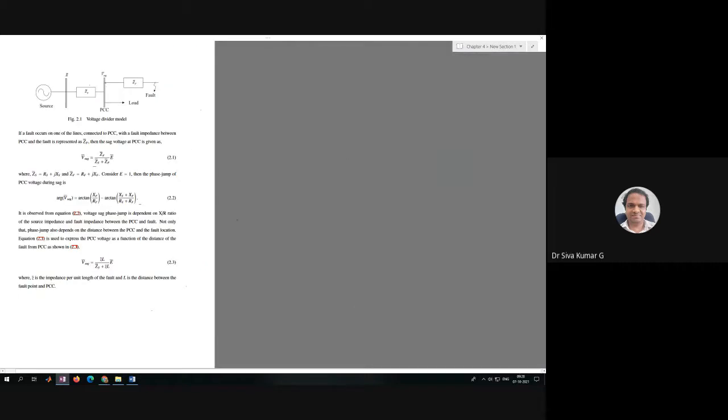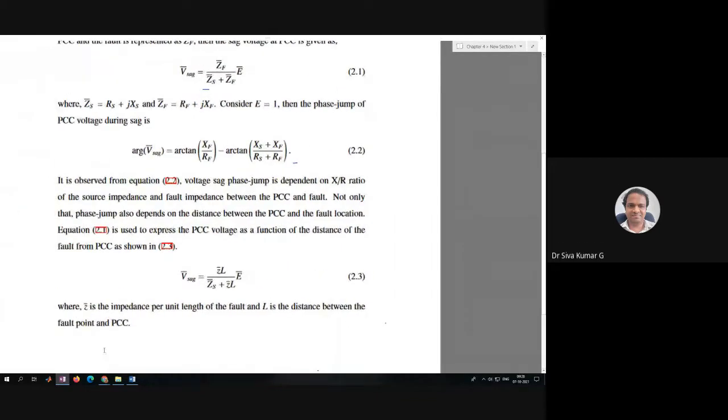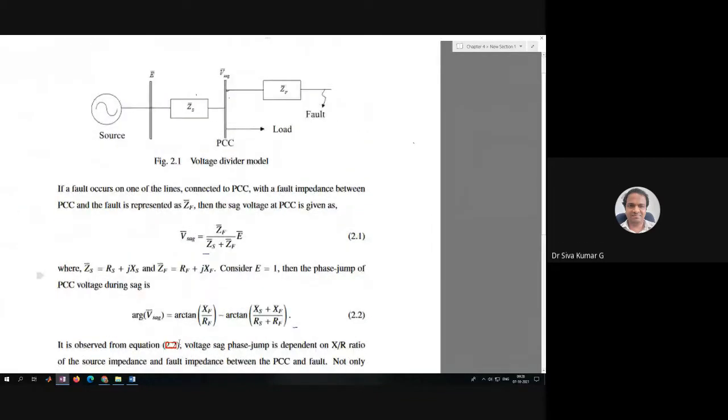It is a simple equation. The fault current I_F bar is equal to E bar by ZS bar plus ZF, since we have neglected the load current. We are interested in finding this voltage.